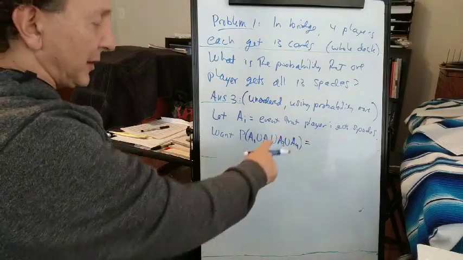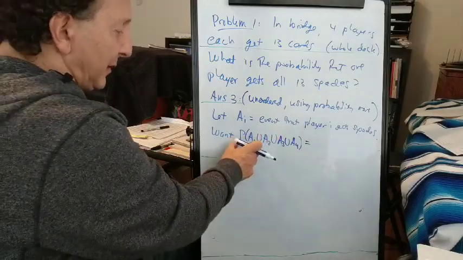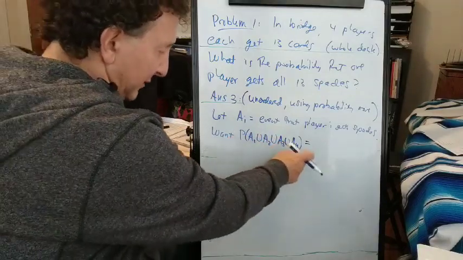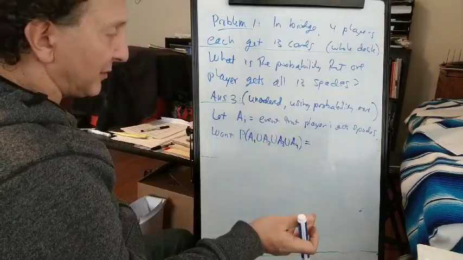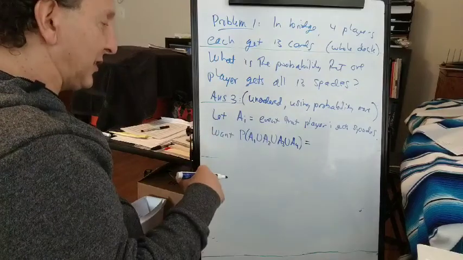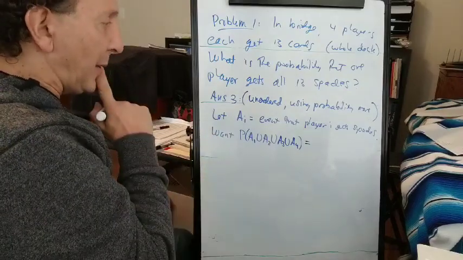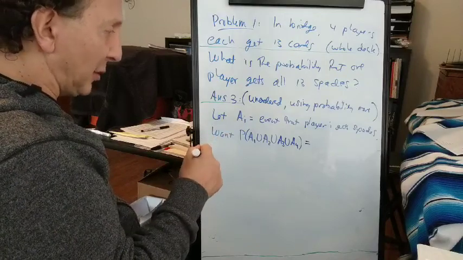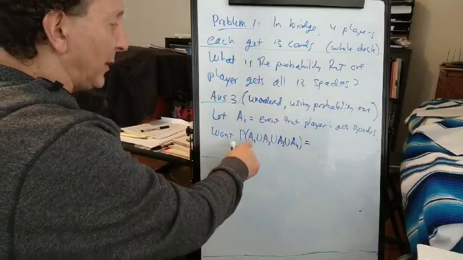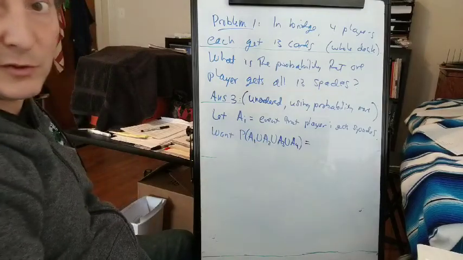Now normally a union like this is a sum of the individual probabilities minus all the intersections of 2 at a time plus all the intersections of 3 at a time minus the intersection of all 4 at a time. But the intersections all have probability 0, because it's impossible that player 1 gets all the spades and player 2 gets all the spades.